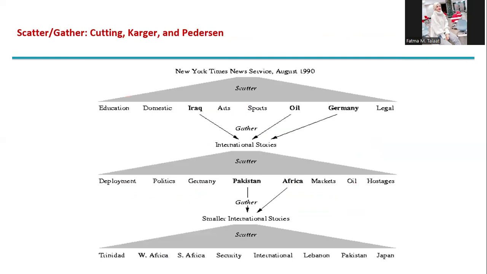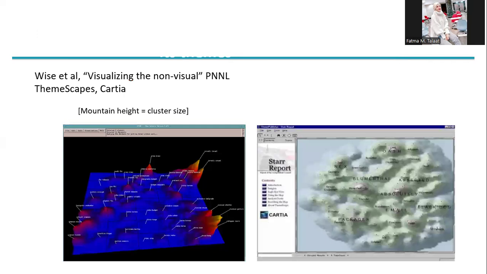Scatter/gather، أو Cutting, Karger and Pedersen. لو أنا عندي مجموعة من الفيتشرز المتشابهة بنصنفهم بنعملهم جذر مع بعض. علشان الأول بنعمل سكاتر إن احنا نقسمهم. بعد كده اللي ليهم علاقة ببعض بنعمل لهم جذر مع بعض، فهو scatter/gather، أو ممكن نقول Cutting, Karger and Pedersen. Visualization of the non-visualized.